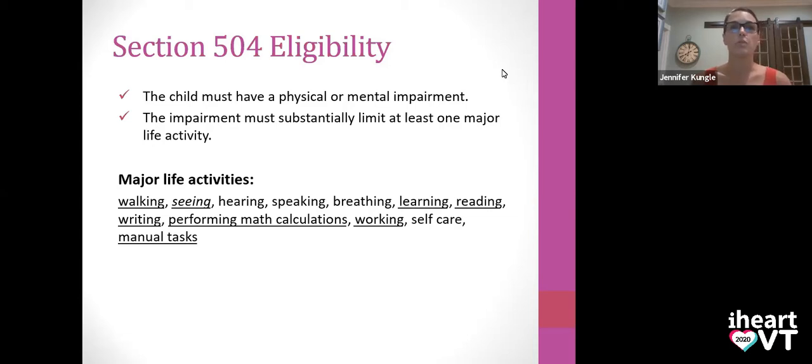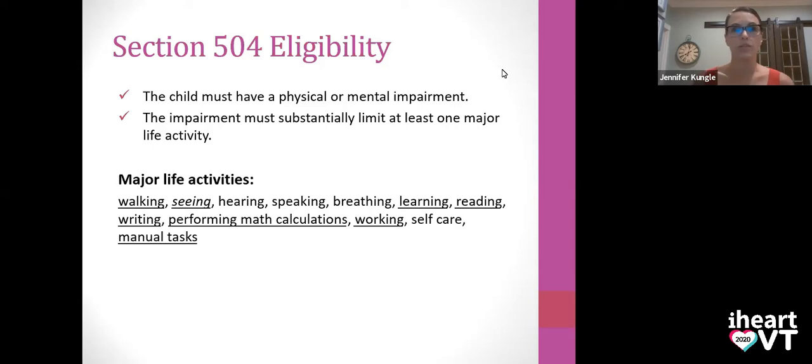So in order to become eligible, in order to start the process of a 504 plan, what would be required is to have a comprehensive vision evaluation, if we're going to use vision as the criteria. And traditionally, I would recommend having that performed by a developmental optometrist, because they're going to get really into the depth of how it impacts the child in these major life areas.